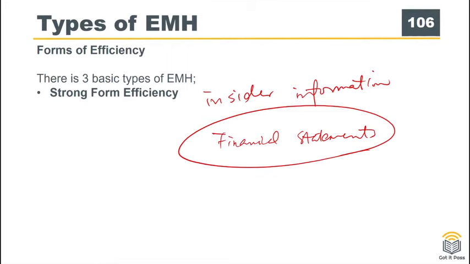And for the forms of efficiency, we have three basic forms as well. First is strong form efficiency.